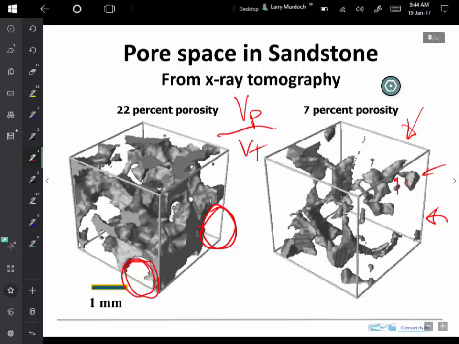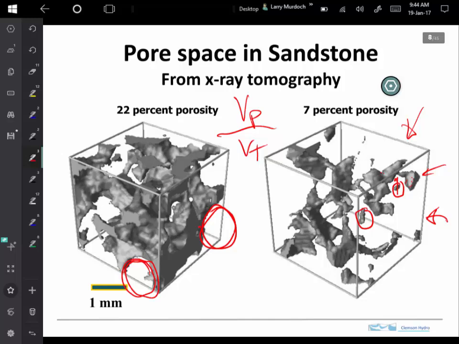So this pore is connected to this space, but there's a very narrow neck that it has to go through. In other cases, there are these blobs like that one there, or that one there, where the pores are isolated, at least according to this image. And so, you can see how that would happen, I think, with this vesicular basalt, but in other cases, you can also have the pores isolated.